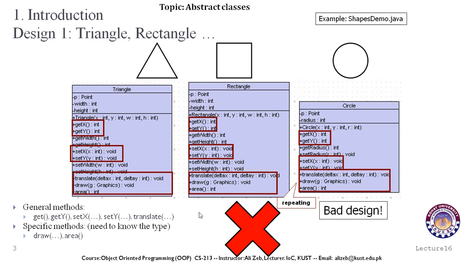We are not taking advantage of some of the concepts that object oriented programming provides us with. So we can use those concepts to improve on our design in this case. That will reduce our programming and designing effort.